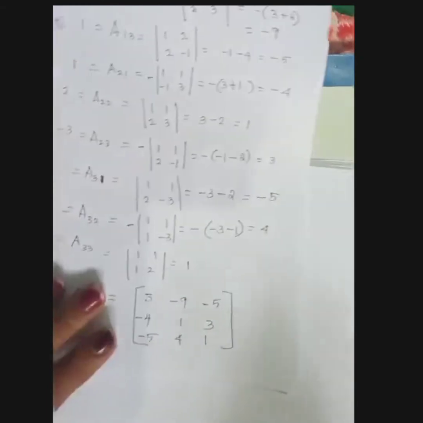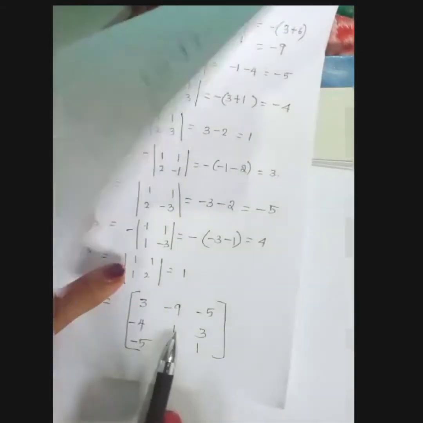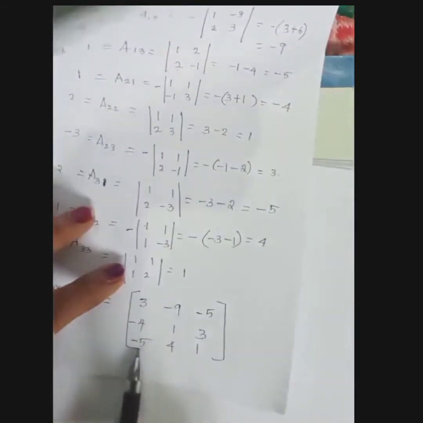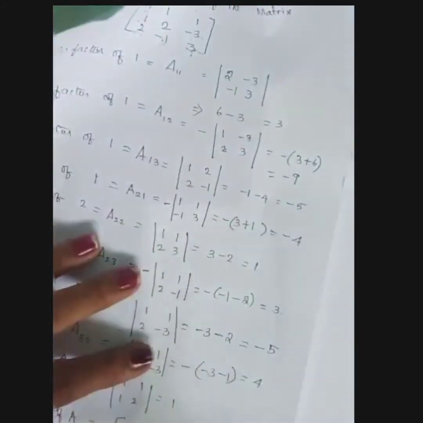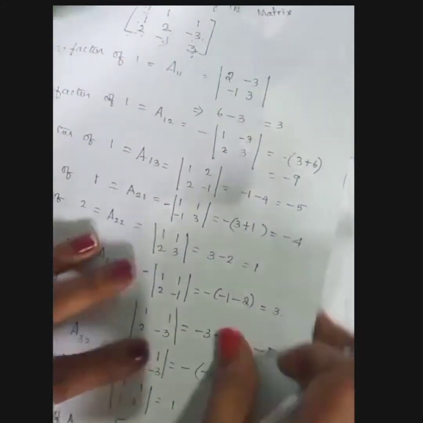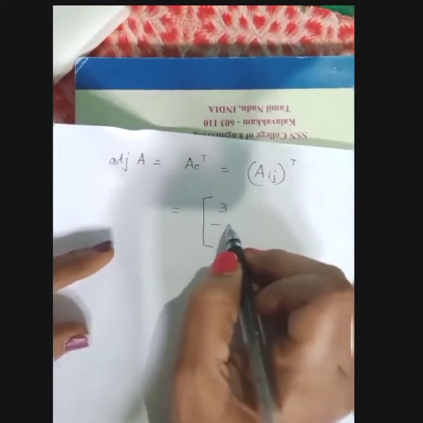Here 3, minus 9, minus 5, then minus 4, 1, 3, minus 5, 4, 1, whose transpose we have to write, so each row should be taken as a column. 3, minus 4, minus 5.